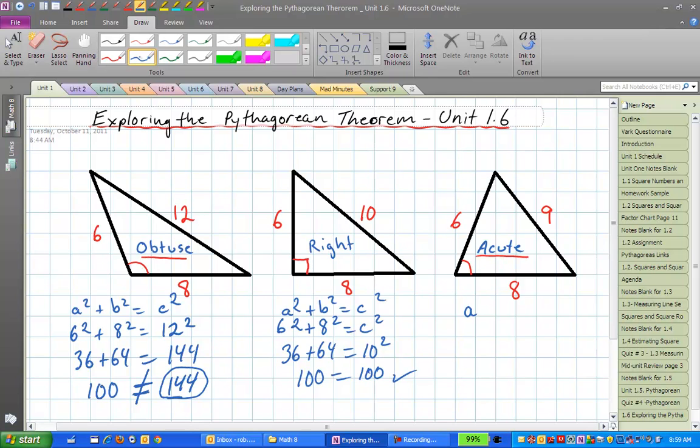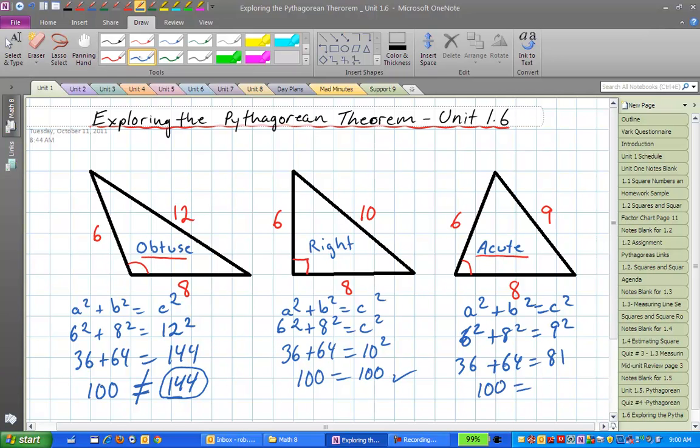Well, let's take a look at an acute triangle. a squared plus b squared equals c squared. That's our Pythagorean theorem. So again, 6 squared plus 8 squared should equal 9 squared. We go 36 plus 64 equals 81.